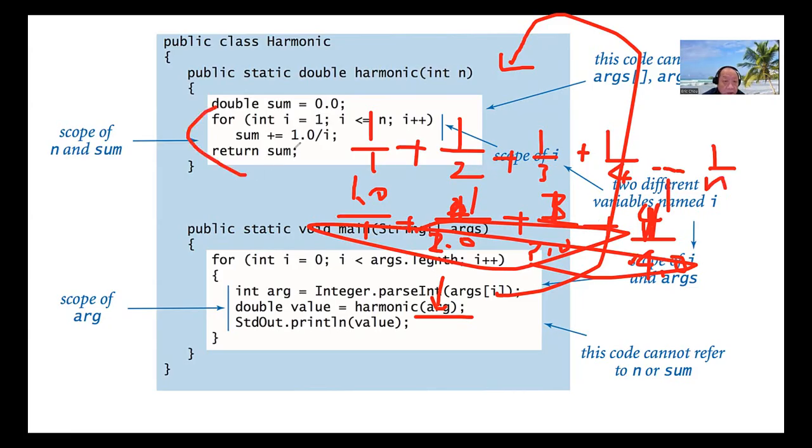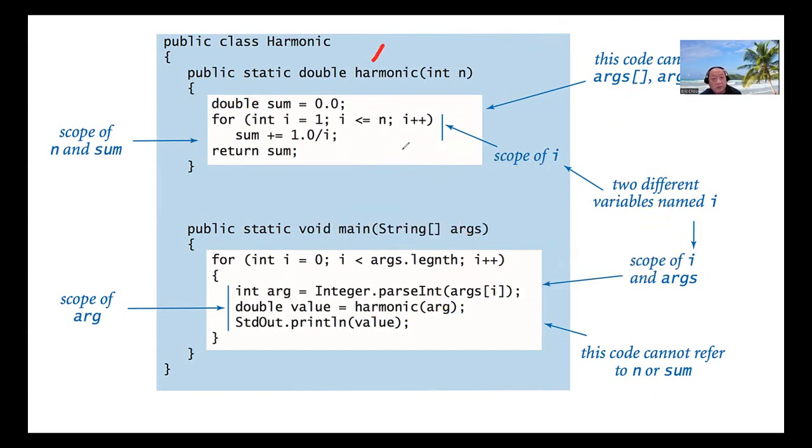Sorry, I kept repeating the error. This is called the harmonic series. So the harmonic function calculates the harmonic value and returns it. The purpose is to calculate the sum of the harmonic series, and then you get a return. So this one is called the parameter, and this one is called the return value.